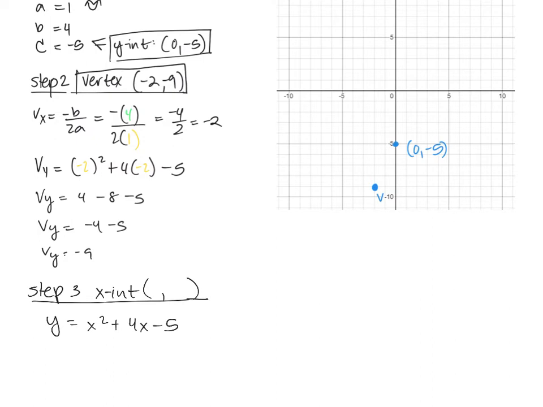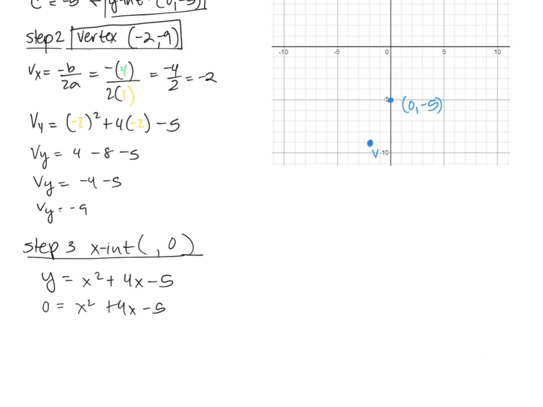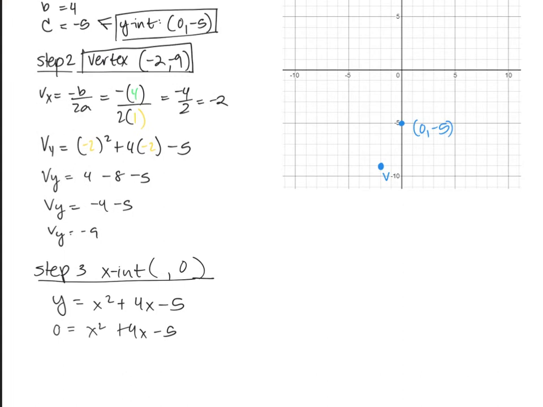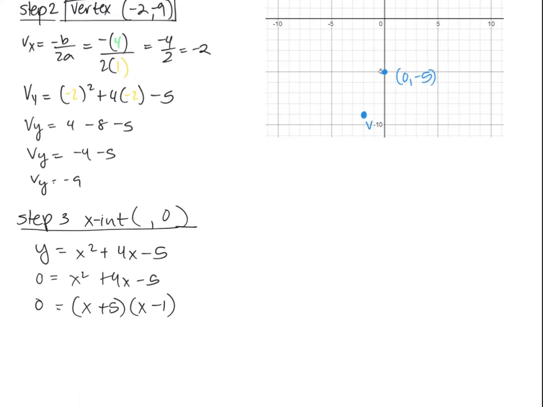Alright. Let's see. X-intercept, so we're going to set y to 0 and solve. So 0 equals x squared plus 4x minus 5. Let's go ahead and see if we can factor this to solve. Remember, this is a quadratic equation, which we practice solving. So I have x plus 5, x minus 1. Then I get that x plus 5 equals 0, x minus 1 equals 0.